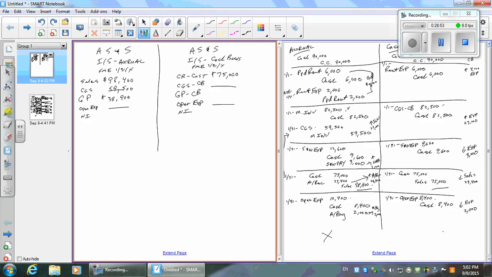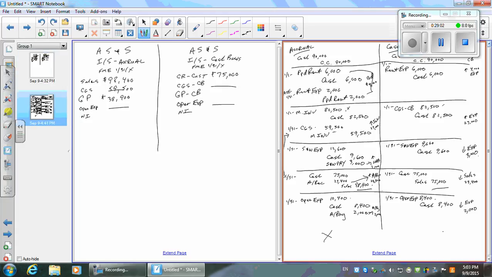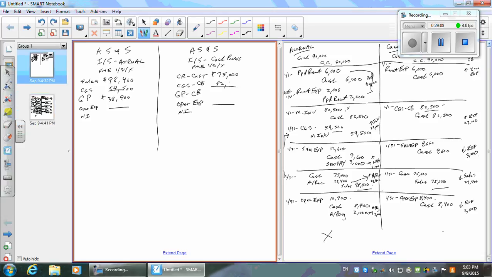Okay, everybody good with that? Okay. What's my cost of goods sold under cash basis? There's my 59.5. What was under cash basis? 82.5. It's a mess, isn't it? Okay, what's my gross profit under cash basis? It's negative, isn't it? Okay. And the whole 7,500.